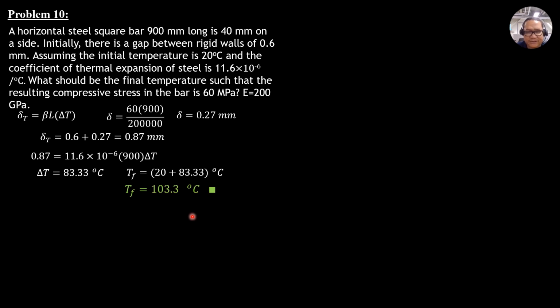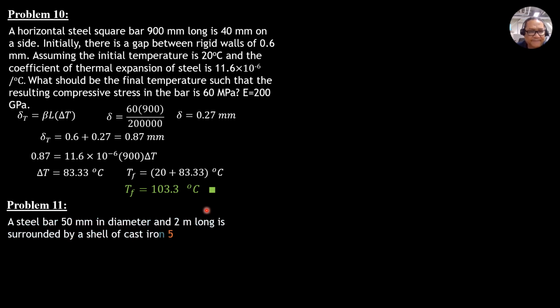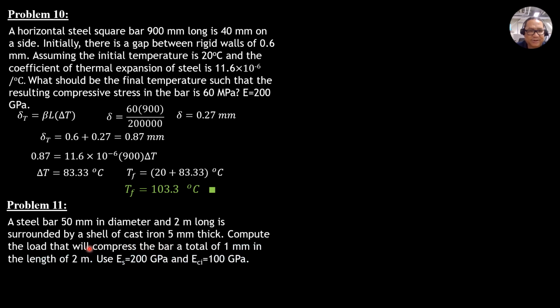103.3 degrees Celsius. So for the next problem, 11, a steel bar 50 mm in diameter and 2 meters long is surrounded by a shell of cast iron 5 mm thick. Compute the load that will compress the bar a total of 1 mm in the length of 2 meters.